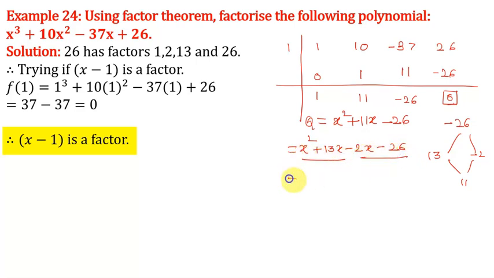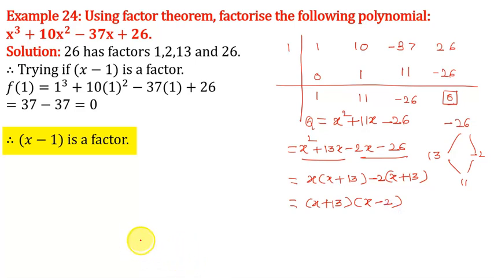Take x as common: x plus 13, minus 2 is common. Take x plus 13 as common. In the second bracket, x minus 2.